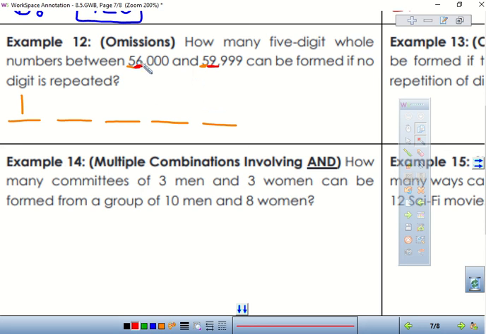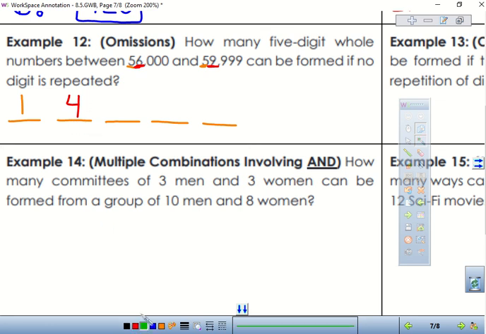So it'd be 4. Yes, it would be 4. So basically, if we think of the numbers that are between 56,000 and 59,999, it would be all the numbers with 56 in the beginning, then we move on to 57 something, then 58, and then 59. So there's only 4 choices this number can be in the thousands place.